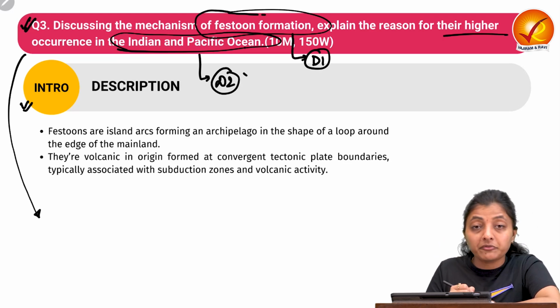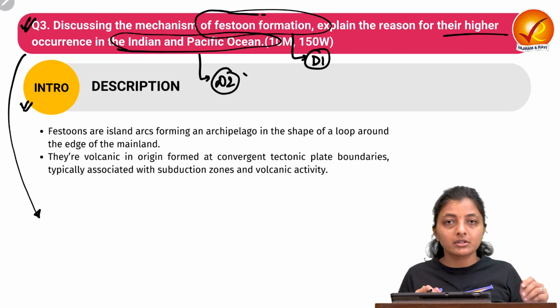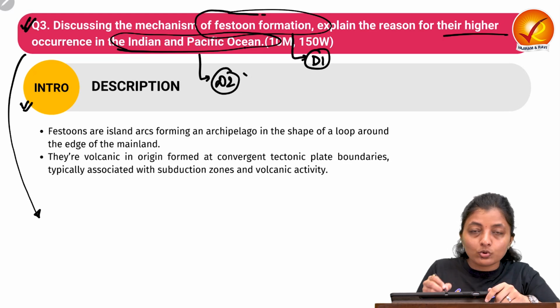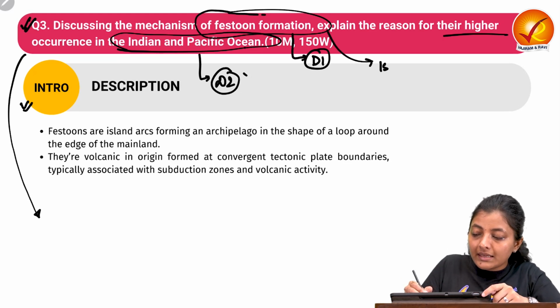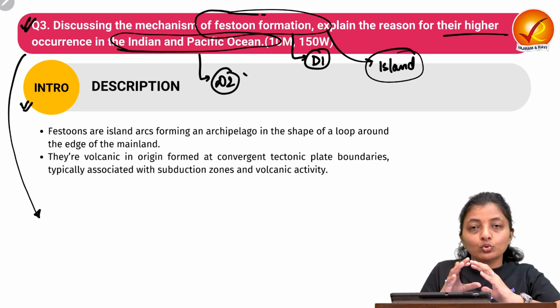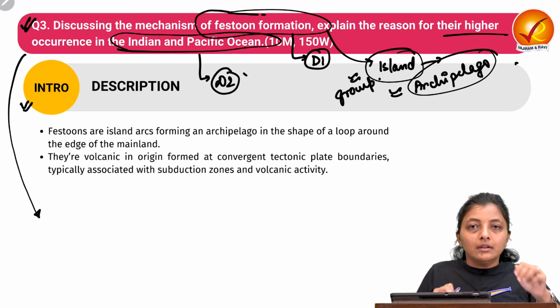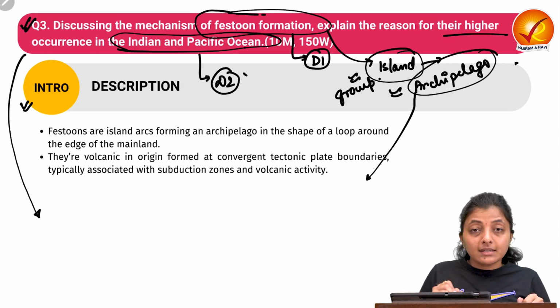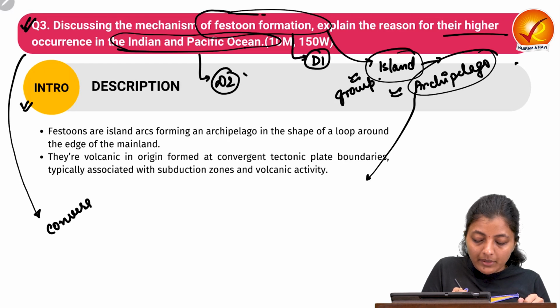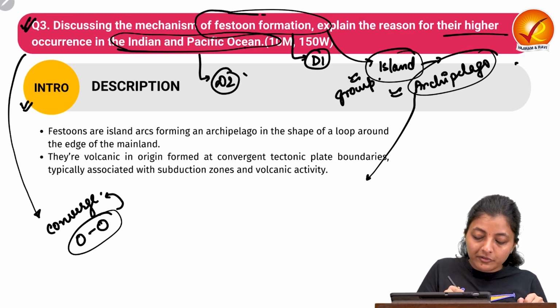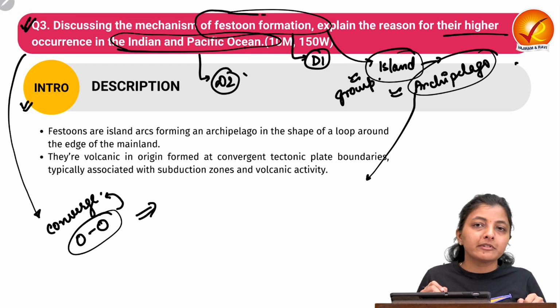As we have discussed in the first two exam questions also, we can write about the context in which it is asked. So this festoon formation or island formation, because festoons are a group of islands only, which is also known as an archipelago. So this is a clear case of a convergent plate boundary, and when two oceanic plates converge, this results in the formation of festoons.